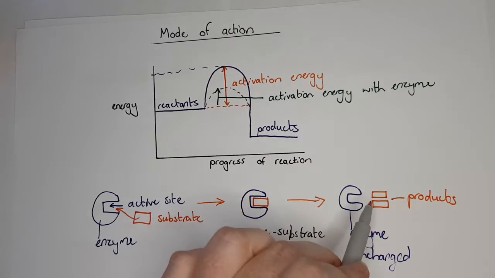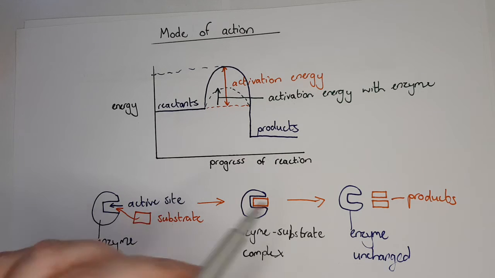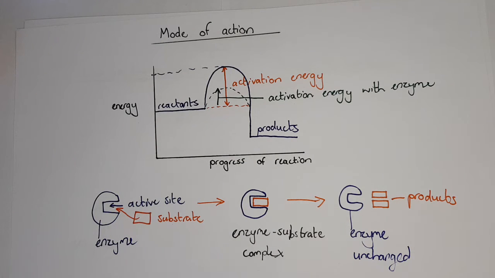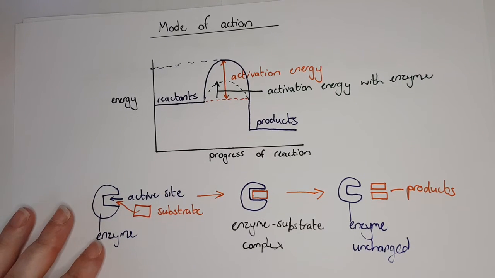And the enzyme can go back and be reused again to make a new enzyme substrate complex. So that's our mode of action of how an enzyme actually gets together and works when it is catalyzing a reaction.